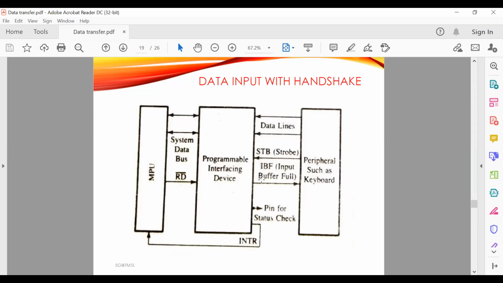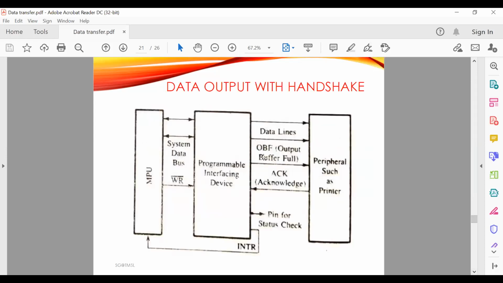In the same way, the handshake signals input buffer full and output buffer full are output signals from the device and perform a similar function, that its buffer is full. So these four handshake signals are required if you want to connect such a programmable interfacing device, and one such programmable device is available as the 8255 programmable peripheral interface.